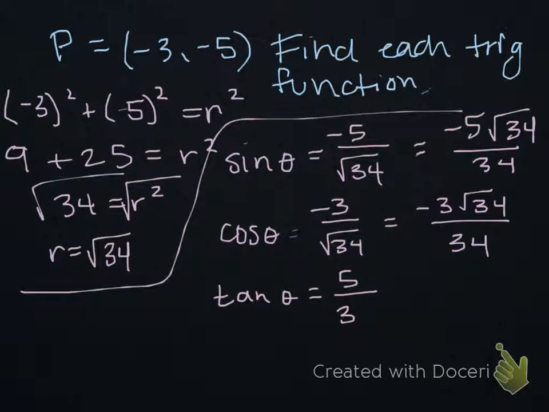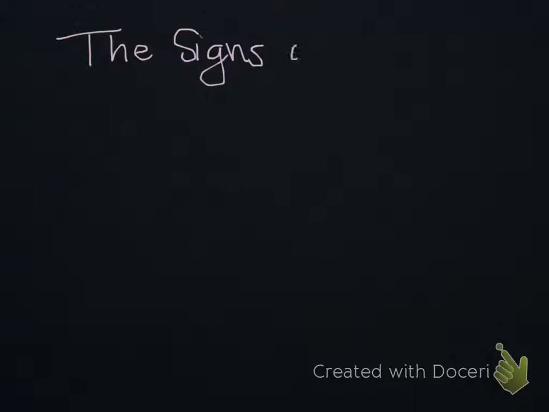So I would like to introduce the new part of this lesson. If you were in Algebra 2 last year, this is something you should have seen last year. This is called the signs of the trig functions.